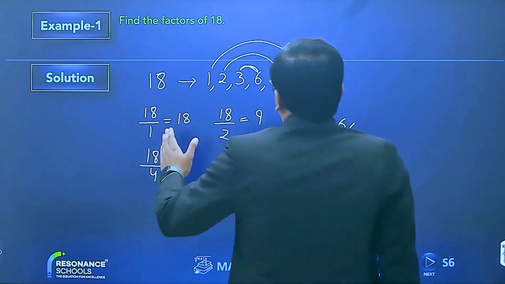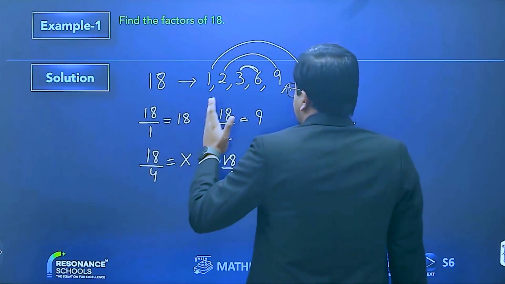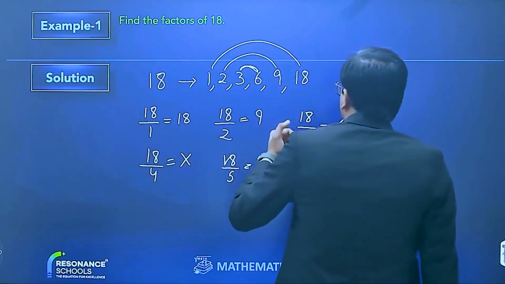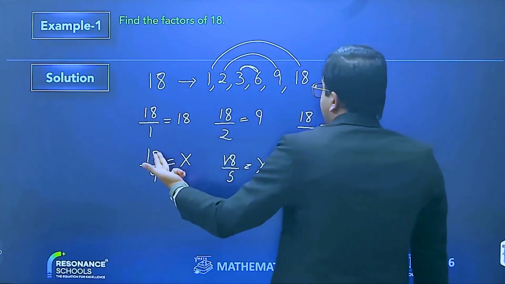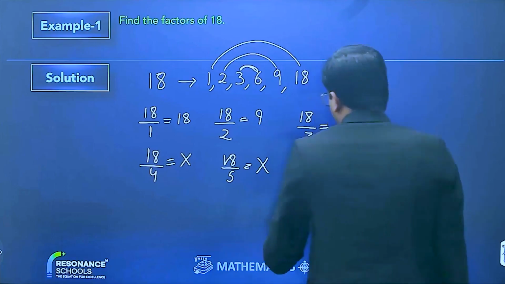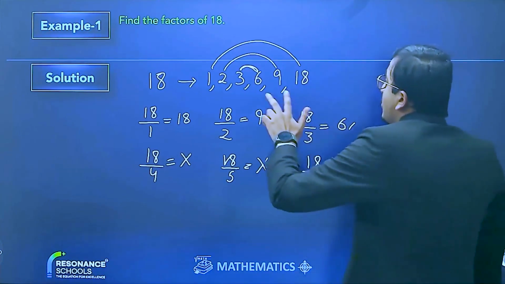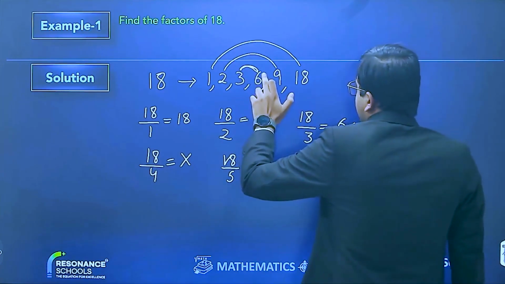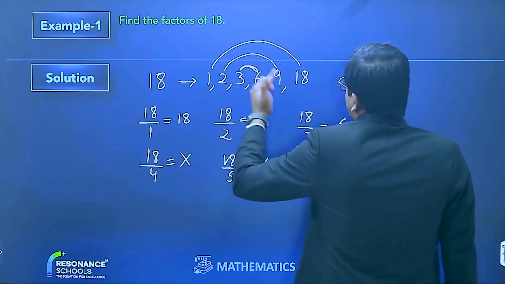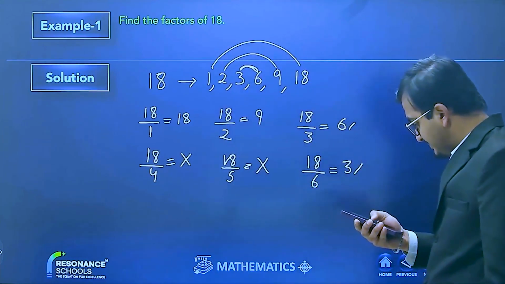For 18, I am checking the factors one by one: 18 by 1, 18 by 2 is 9. I should get a perfect number. Then 18 by 3, I got 6. 18 by 4 is not divisible. 18 by 5 is not divisible. 18 by 6, yes, that is divisible, 3 times. The moment I get a pair, 6 and 3, I start pairing 2 and 9, 1 and 18. That's how we will get all the factors.